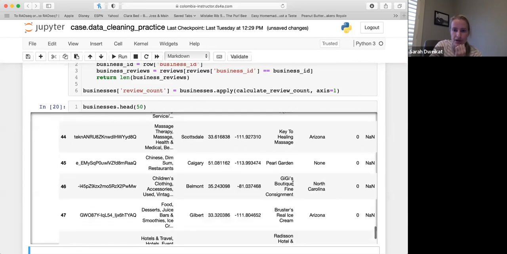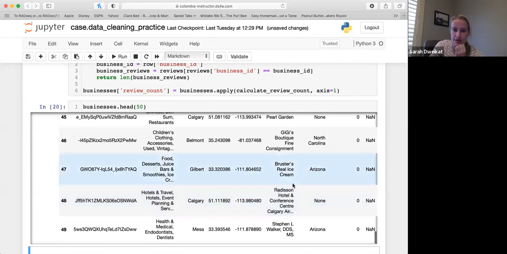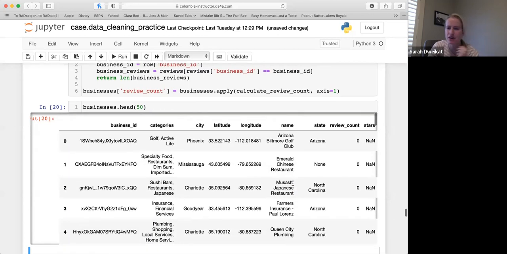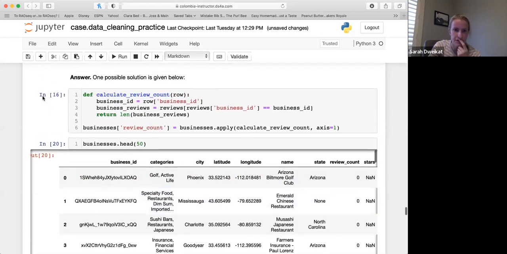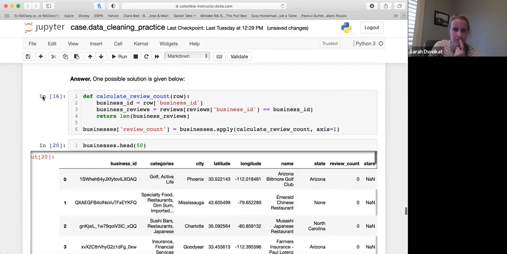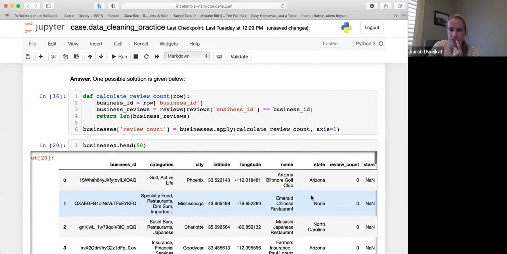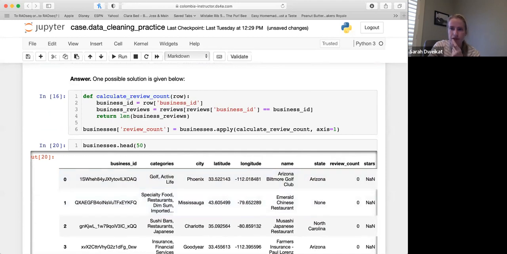Okay, that's a good point, someone was saying that they're getting all zeros. I'm going to assume that these top ones are just zeros. But this is what it looks like after you add that review count, after you run that code.